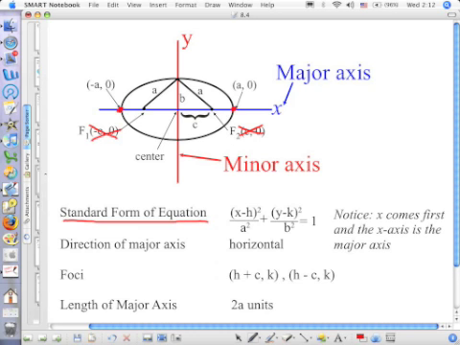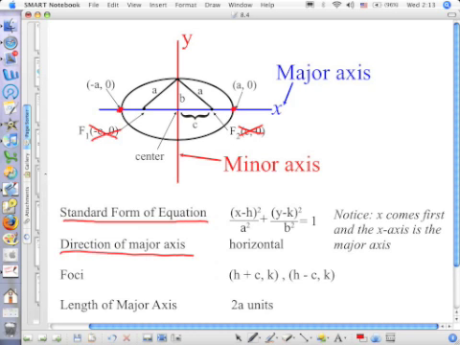And then we had y minus k, where k represented the y coordinate of the center. All right? So that's still the same thing. H is still the x coordinate of the center. K is still the y coordinate of the center.